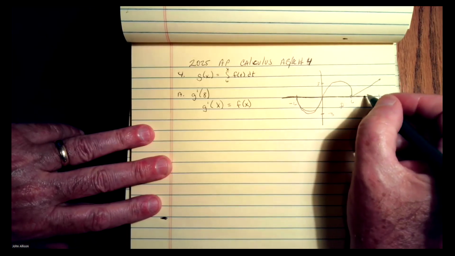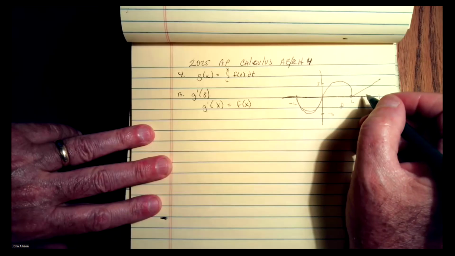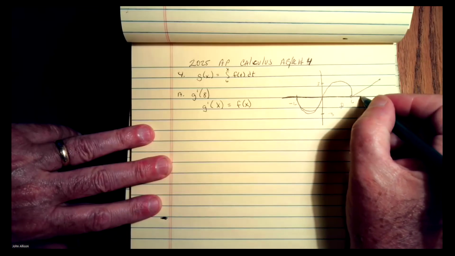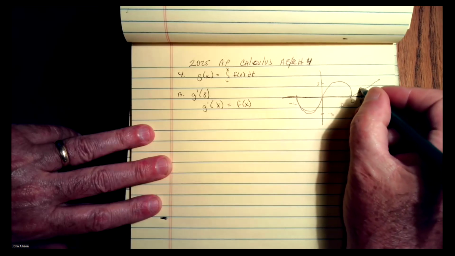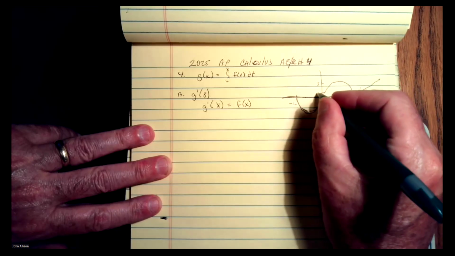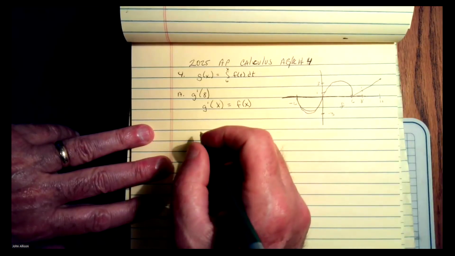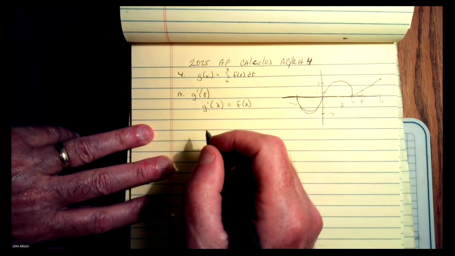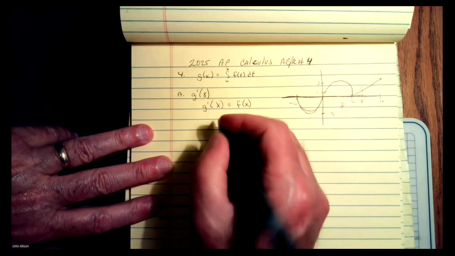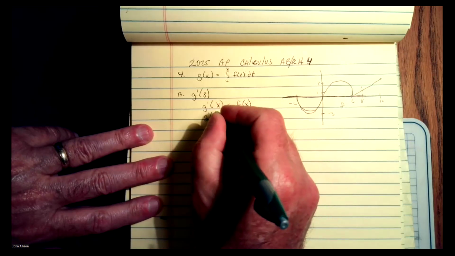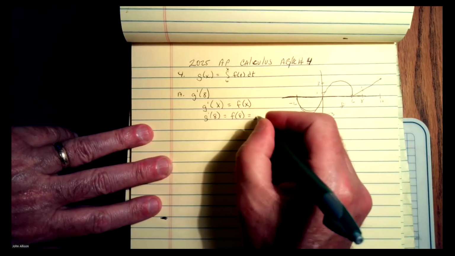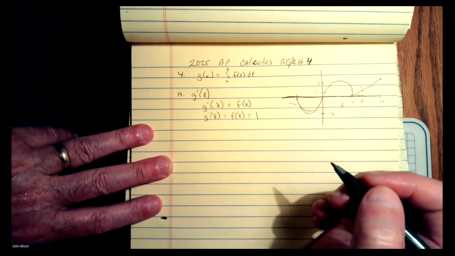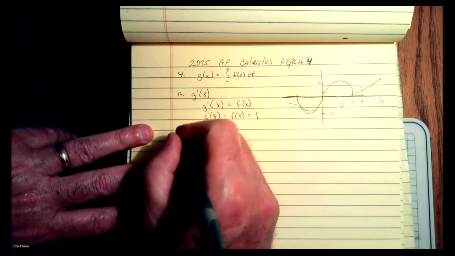By the graph, you can see that the point (8, 1) is on the graph. And so since g prime is f, g prime of 8 is f of 8, and f of 8 equals 1. So that's the reason for our answer.